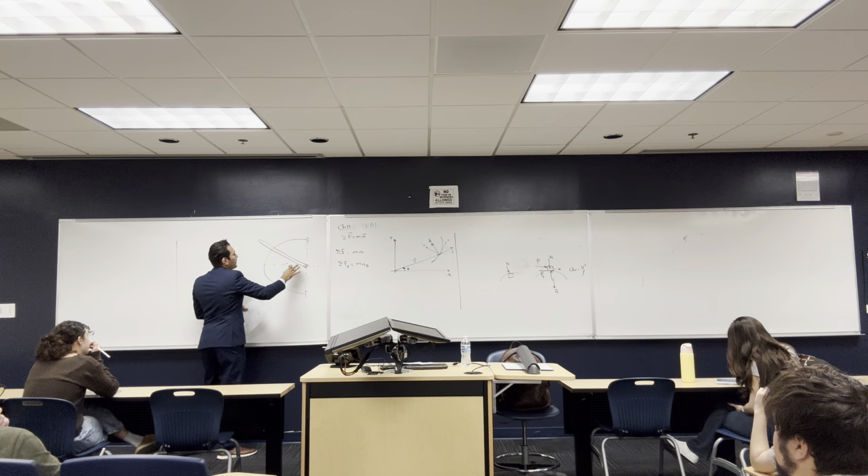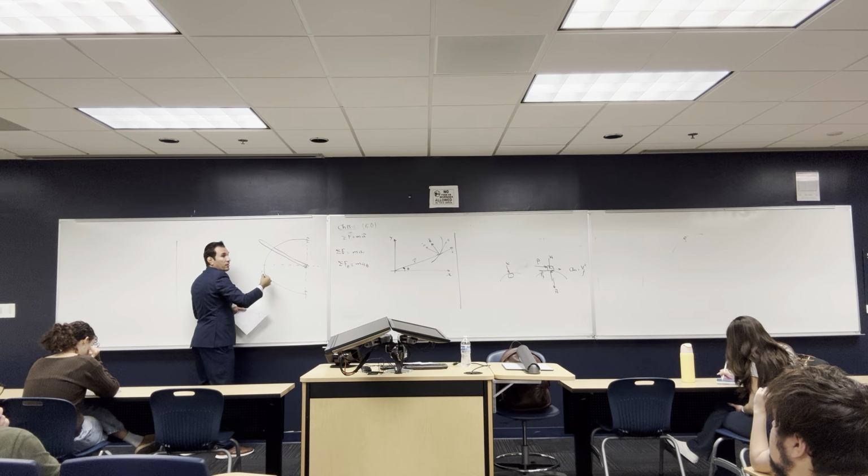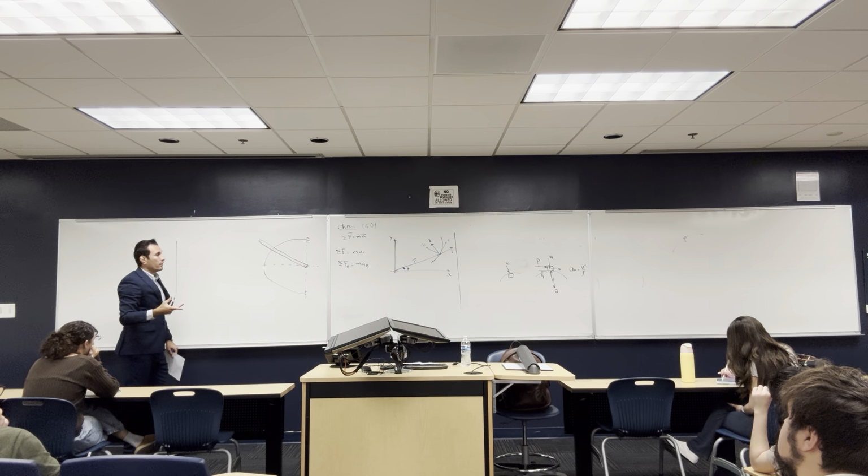And the thing is, this arm, this is not a circle. The radius here is not constant. It's like a part of an ellipse or something.